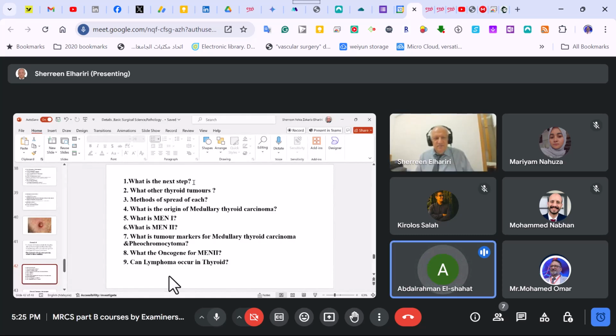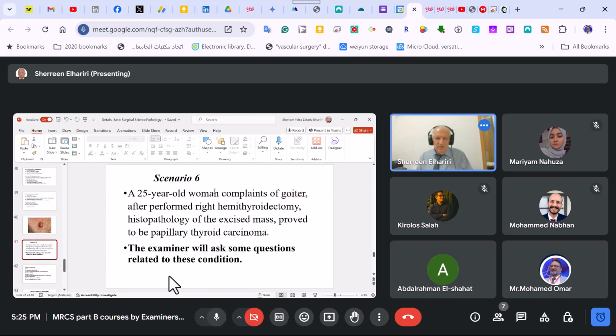After thyroidectomy and histopathology, it is papillary thyroid carcinoma. The patient comes to you in the clinic with papillary thyroid carcinoma after right hemithyroidectomy, and you found it is papillary. She is 25 years old. What is the next step? Tumor malignancy workup and staging of the tumor. No, already you have a surgery done.